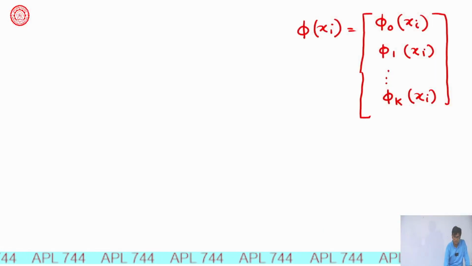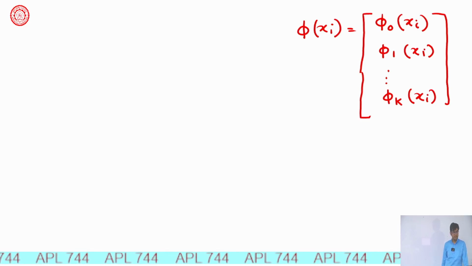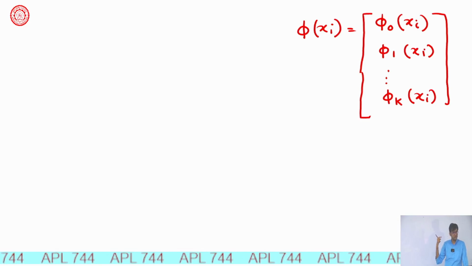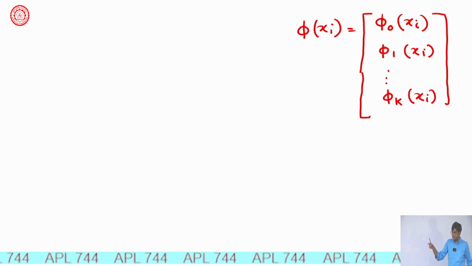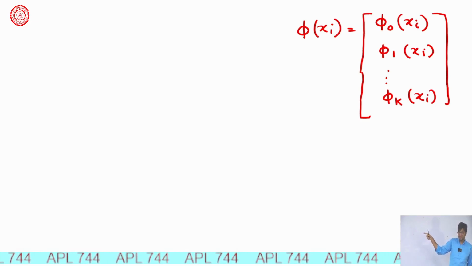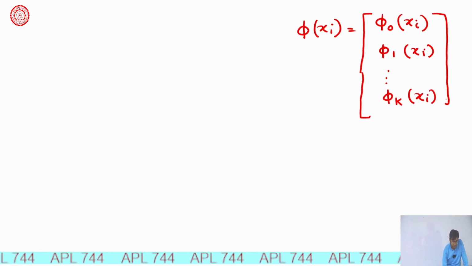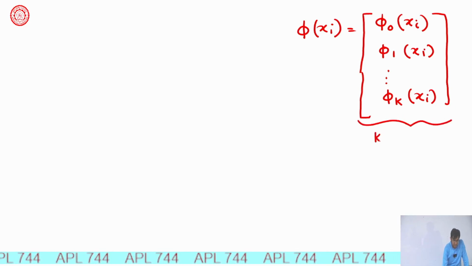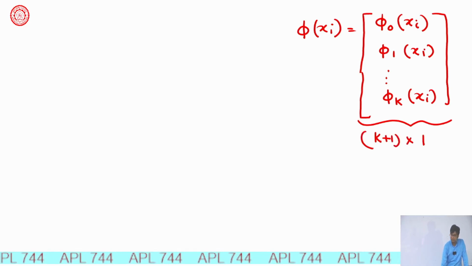So, this is my basis function vector evaluated at the ith training input xi. What is the dimension? K plus 1 cross 1, make sense.